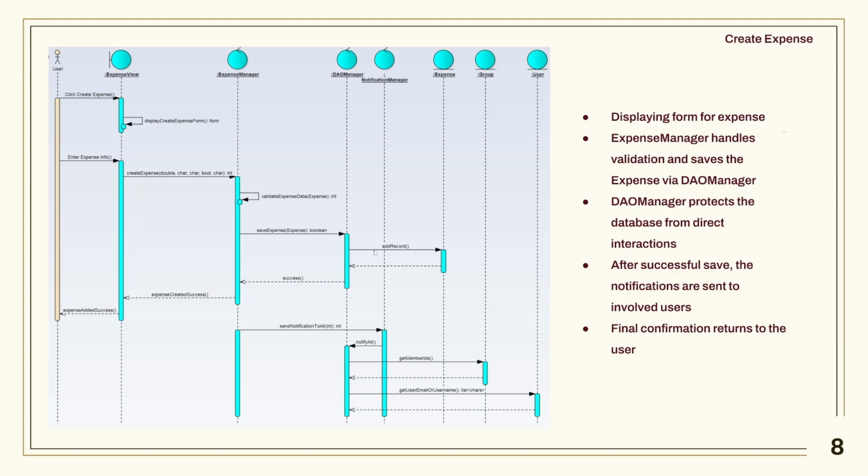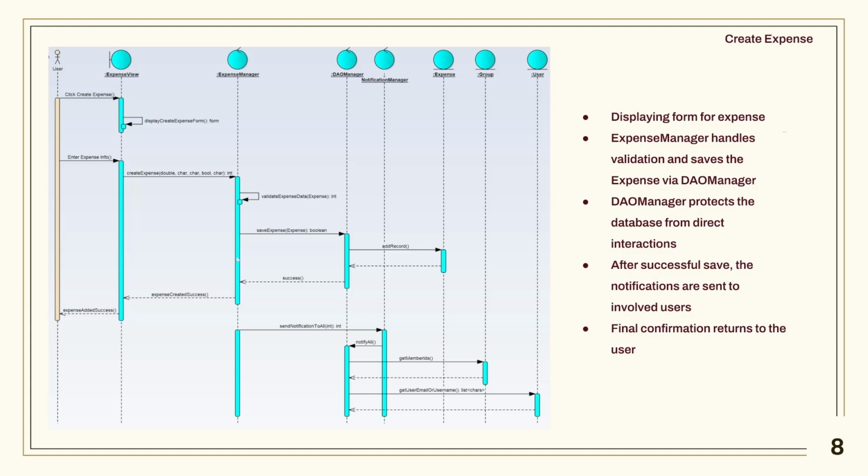It will send the add record to the expense table or entity. The entity will basically say if it's saved or not, and it will return. If it's successful, the DAO manager will send a success message, and that will go through the expense view, and the user will see that in the background.